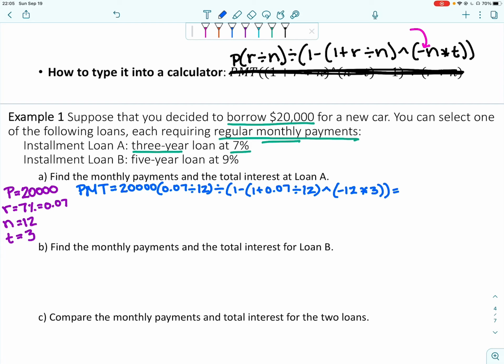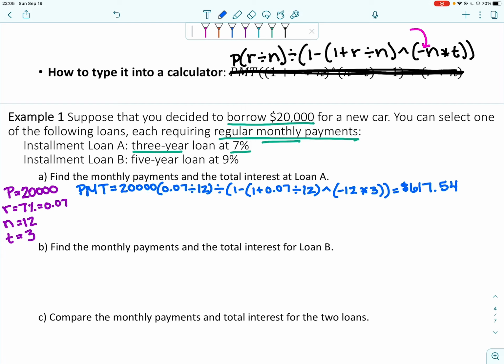And I already have the answer. That gives us a monthly payment of $617.54. You can pause and make sure that you get the same answer before moving on to the next step.